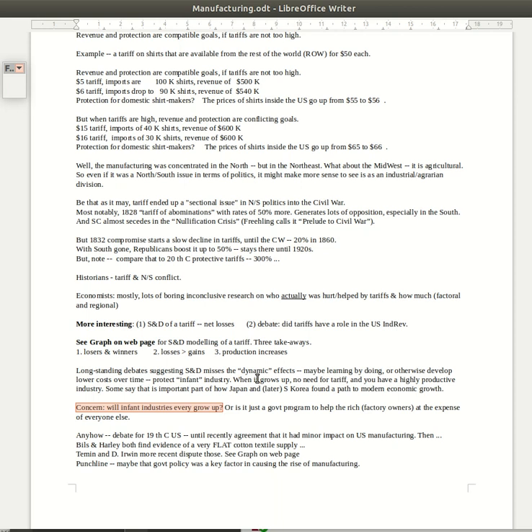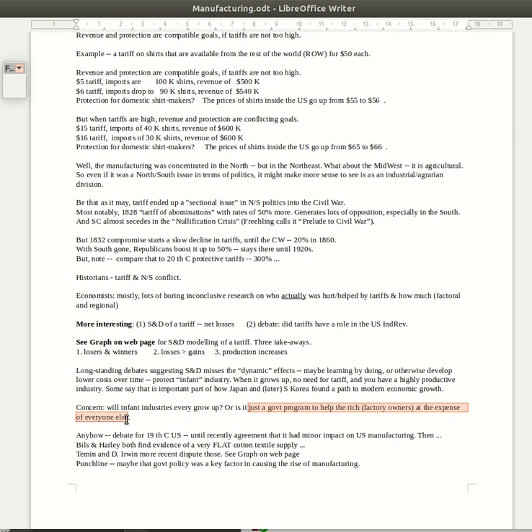So maybe tariffs can be part of an industrial policy that promotes favorable economic development, or maybe tariffs are just a government program that help rich factory owners at the expense of consumers and others in the economy.